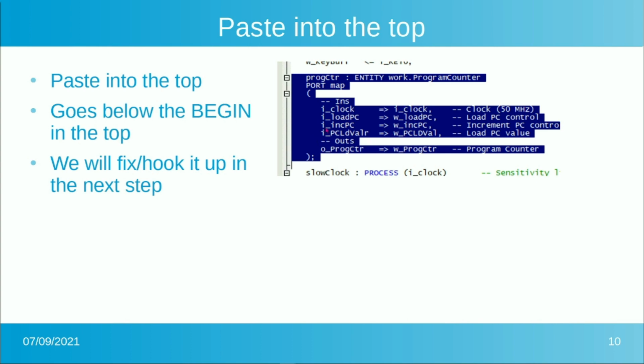And this is the mapping of those entity pins to the signals or pins that are inside of that entity that it's instantiated in. And we're going to hook it up inside of the next couple of steps here.